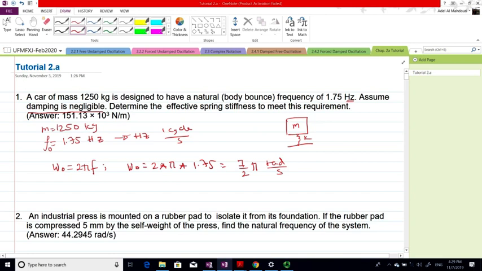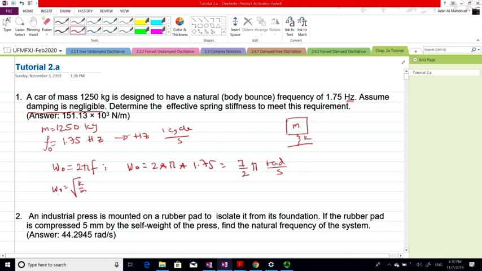Which is the general formula for a natural or free undamped oscillation? Omega naught is equal to the square root of k over m.